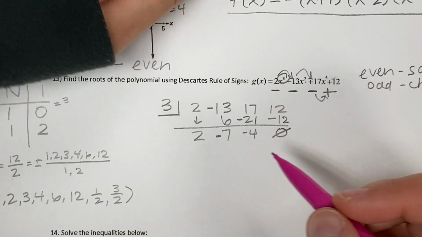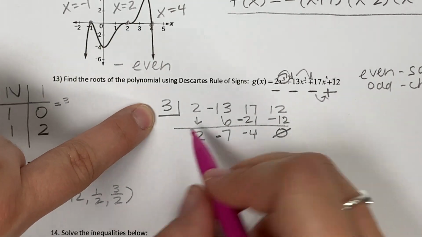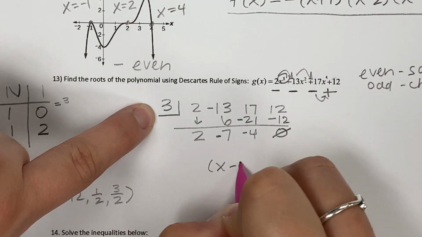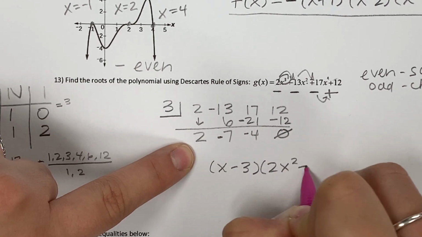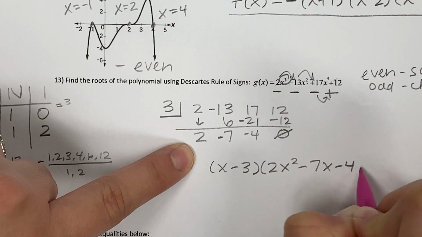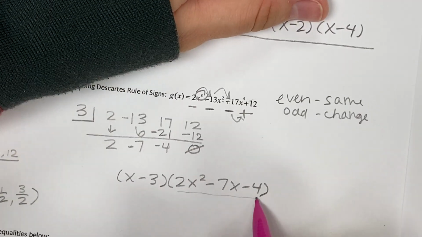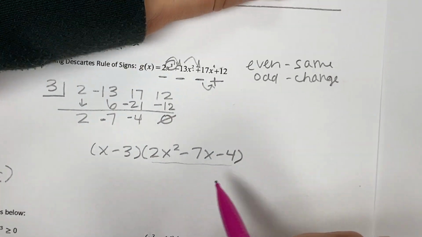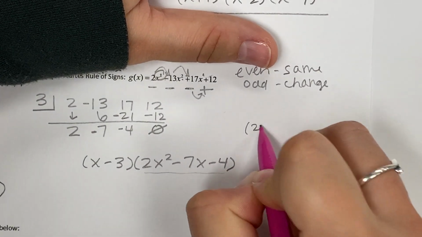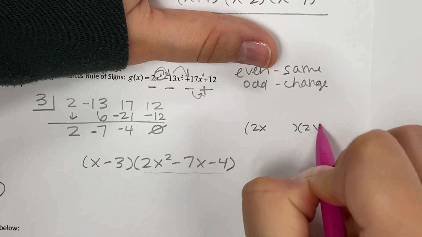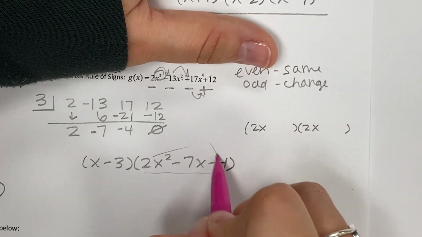So when I go to write this in factored form, if I use positive 3, my equation says x minus 3. And then write what's left over, 2x squared minus 7x minus 4. And this is what you're factoring by hand using whatever method you prefer. So I'm going to do what I did on that first page, where I write 2x, and then this is 8.